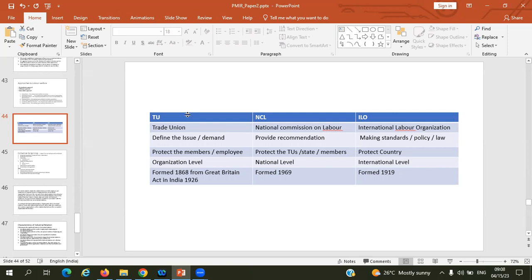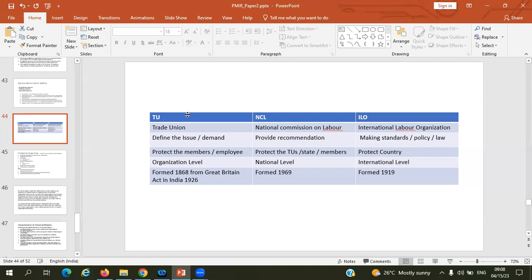So trade union, you remember one thing, a trade union is the union within that organization or limited to that organization, or there are some unions which welcome multiple organizations, people from different organizations to be part of them. So that is trade union. They collect the issues from the workers, employees.